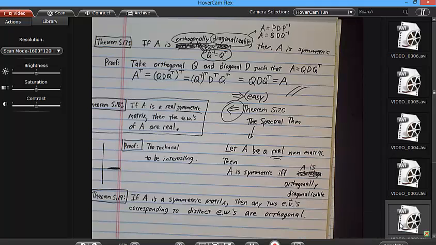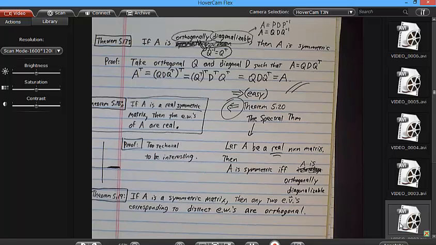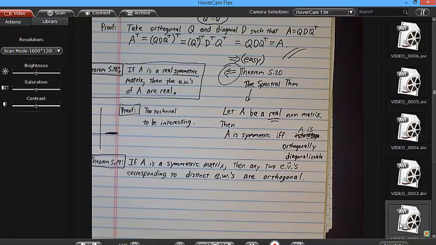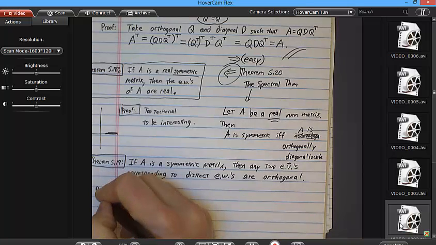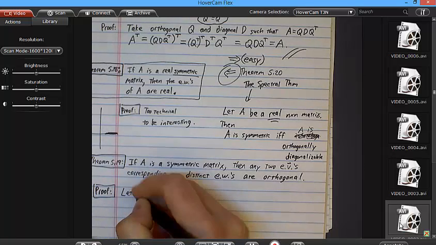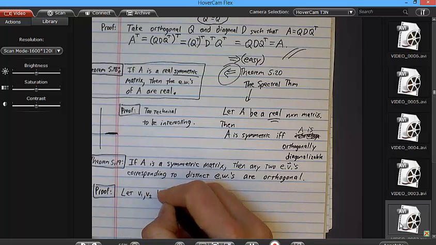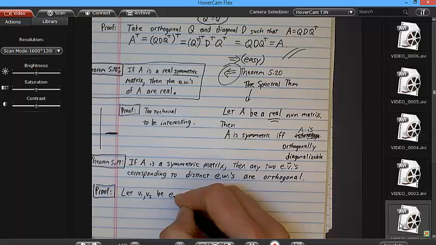If I want to prove this, I need to show that any 2 eigenvectors are orthogonal. So probably I'm going to take 2 eigenvectors and dot them. That's what I'm going to do. Okay, so here I go. Proof. Let V1 and V2 be eigenvectors.